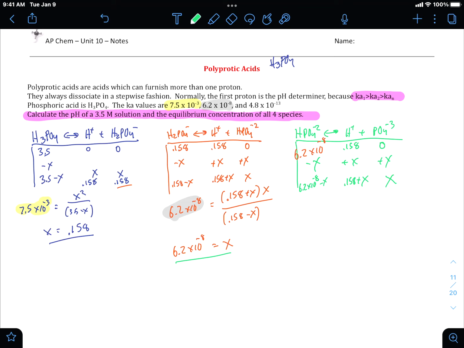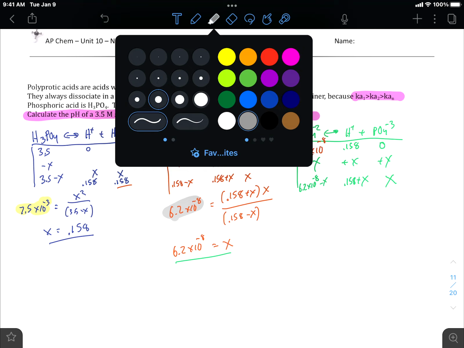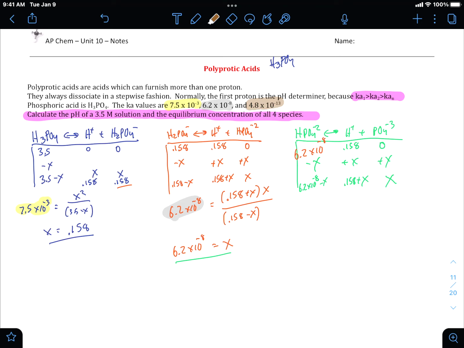All right, and the third Ka, here, 4.8 times 10 to the minus 13th is equal to all of this. Safe to say, the addition and subtraction of x's can be neglected. So this makes for an easier solve.